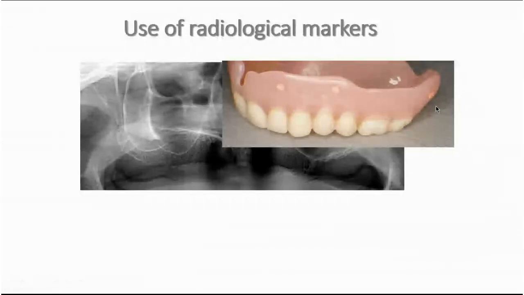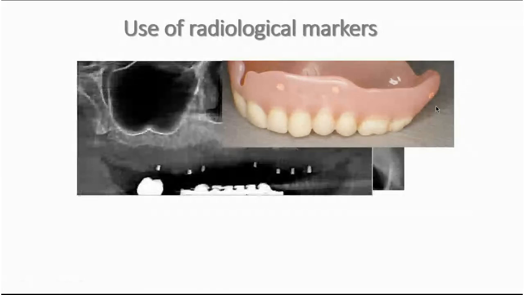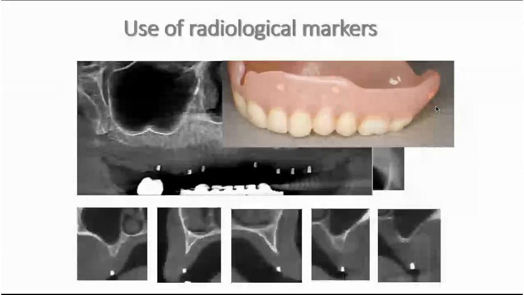And for this patient, we placed the gutta percha markers at the middle of the central fossa of the teeth, or the positions we needed, and then we were able to see, according to the central fossa or according to the position we would like to have, whether we have available bone or not in that situation.